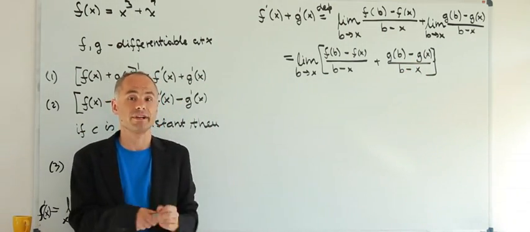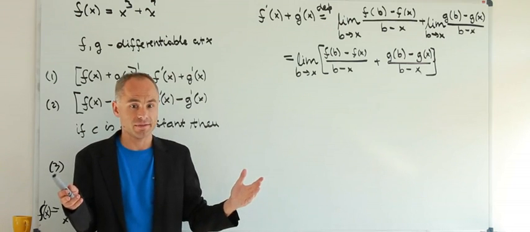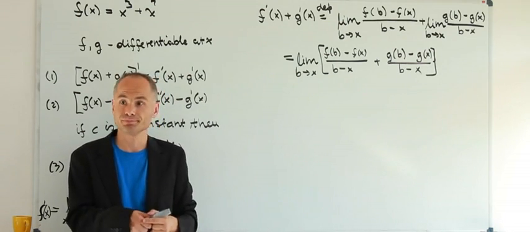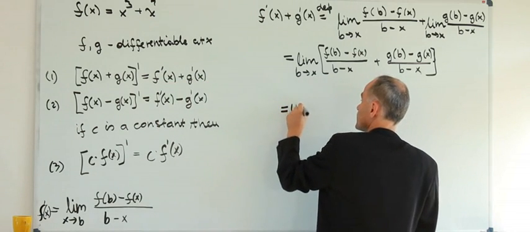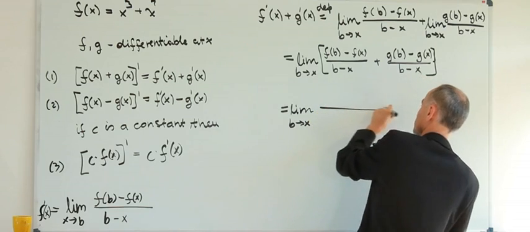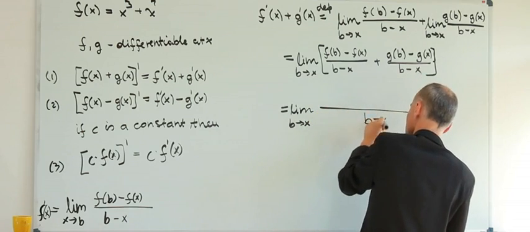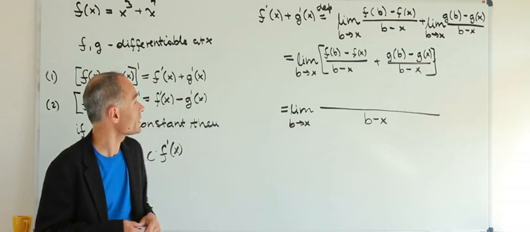I have a common denominator, so I can combine these two fractions into one. So I get the limit as b approaches x of, the denominator is b minus x. What about the numerator?